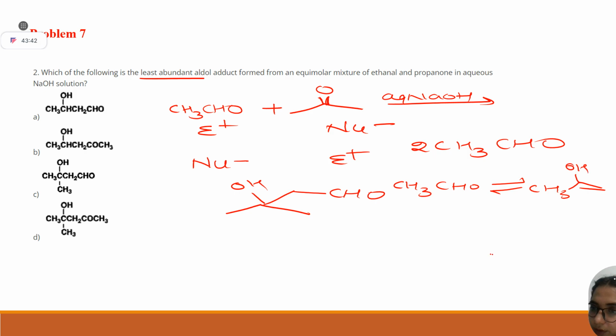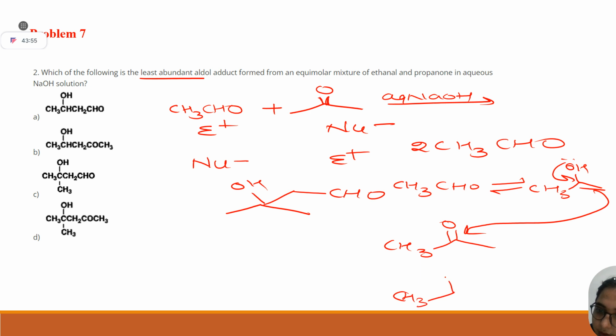And this is your next molecule. This enol will come back and attack this, giving CH3, C, OH, CH2, CHO after workup. Are you clear how I am writing this aldol product?